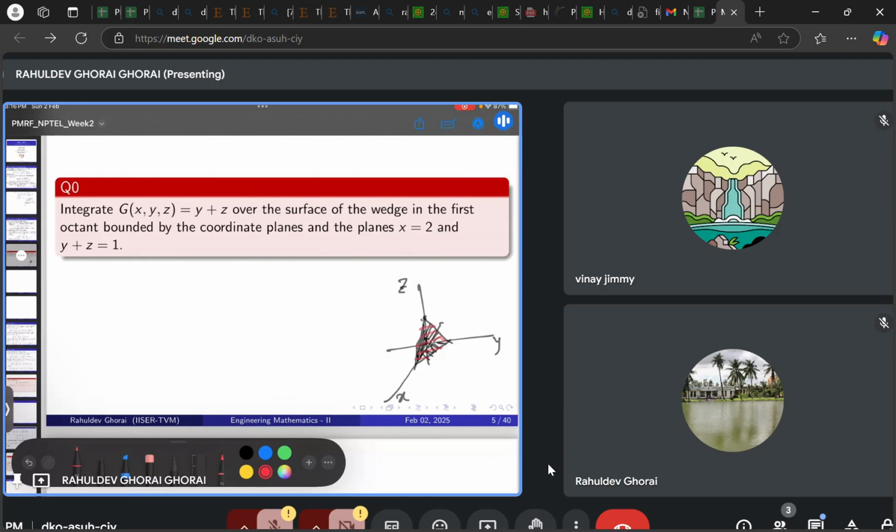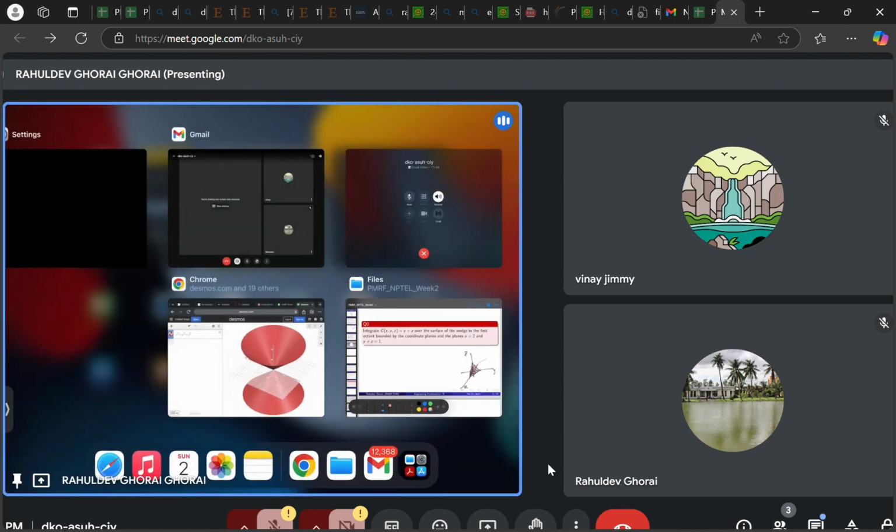So then you can easily find out the surface integral by doing first this part. Let me maybe draw it, so you will understand better.